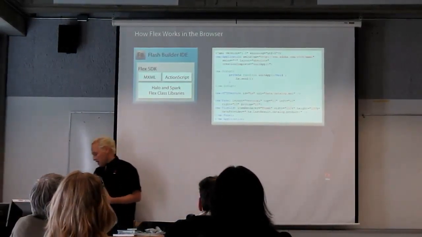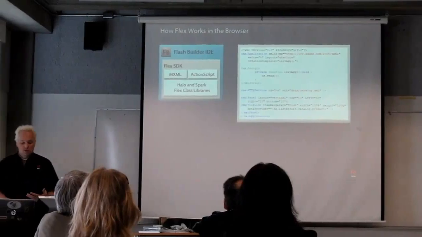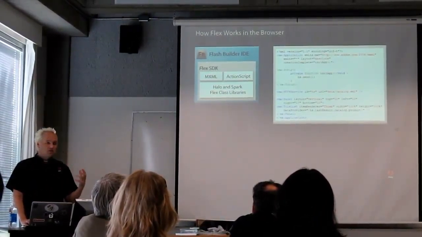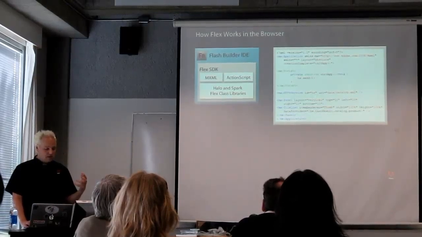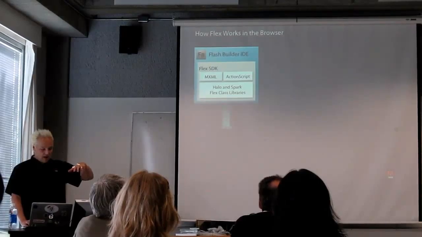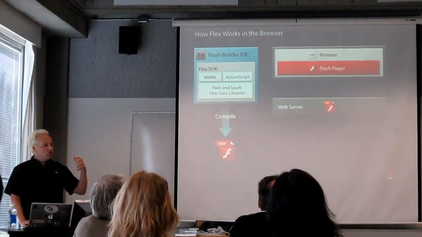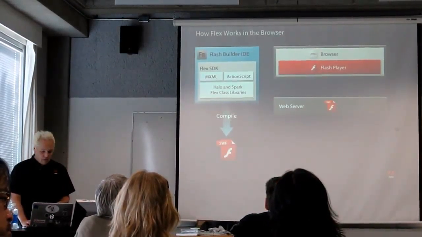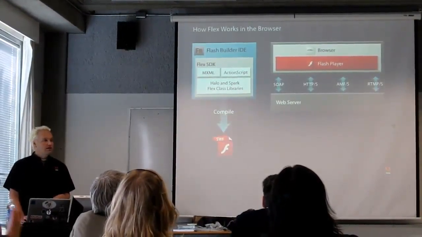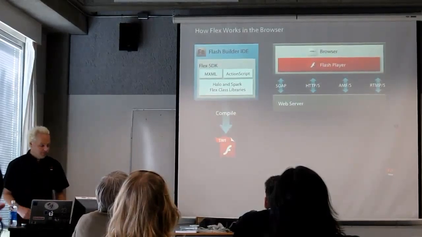This is the language that most Flash developers use now. When you write a Flex application, either of these two languages can be used. They reference the same components. These would then be compiled into a Shockwave Flash file, put on a server, sent up to the Flash Player when requested, and rendered as Flash.